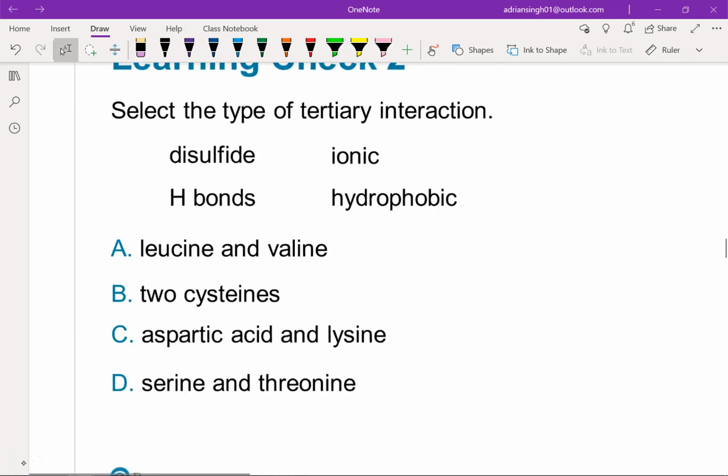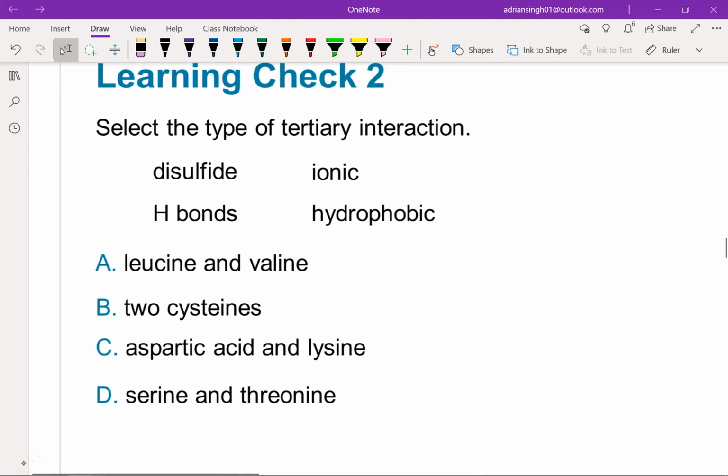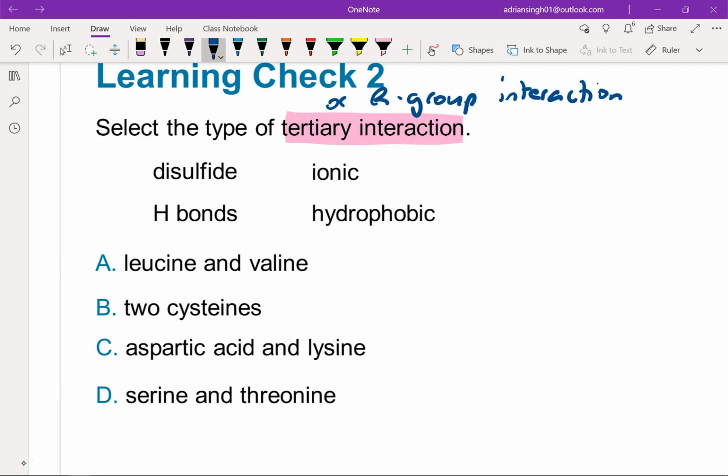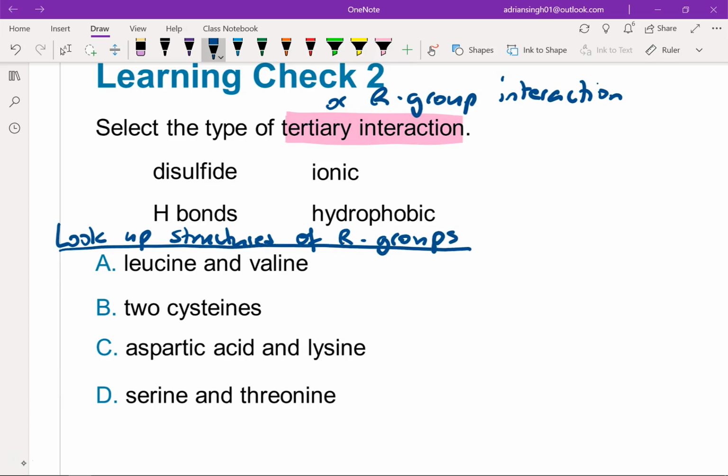Okay, so if you were given, for instance, a couple different amino acids and you had to determine the type of tertiary or R group interaction, you would have to look up their structures from your amino acid table, specifically the structures of the R groups, to determine what type of interaction we're going to see.